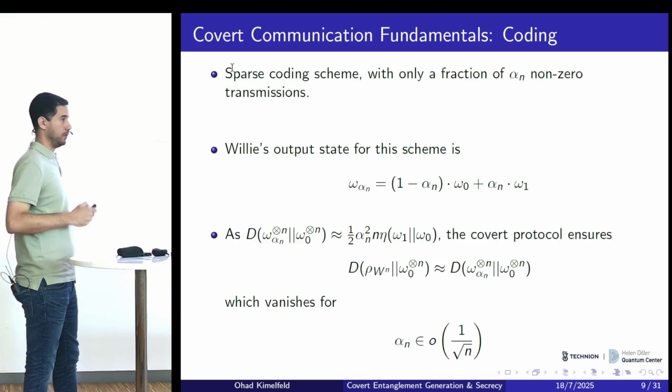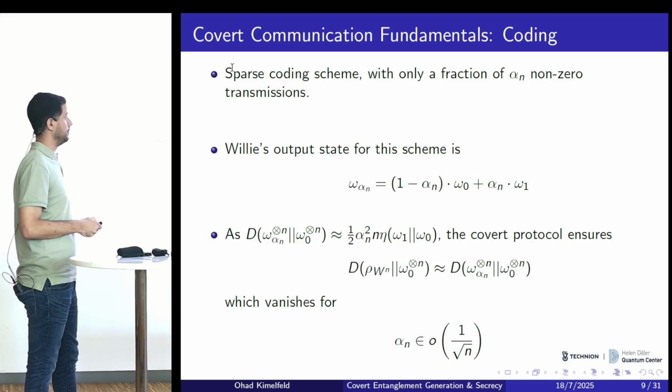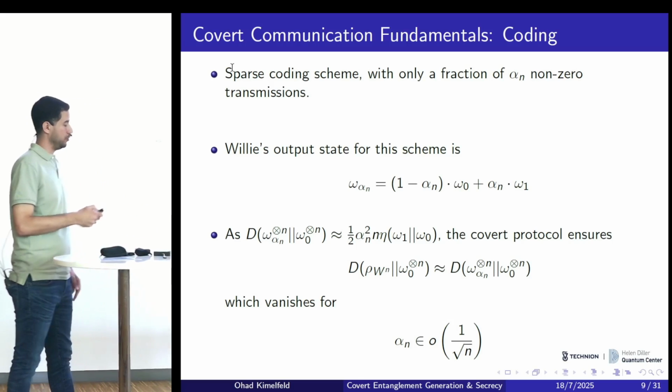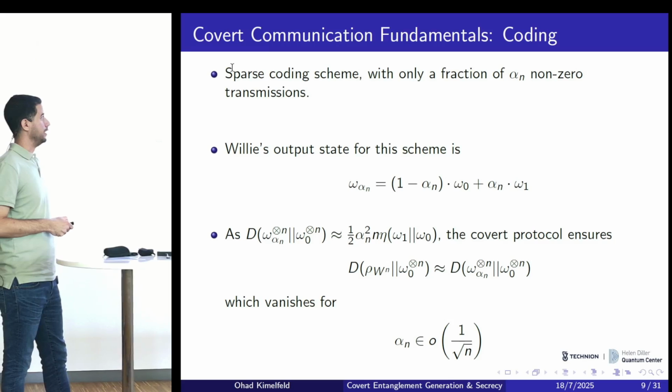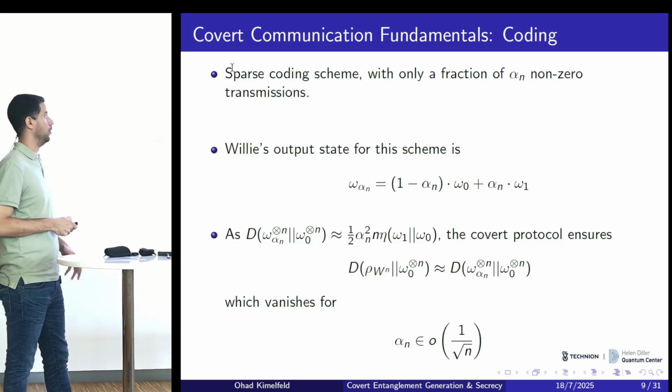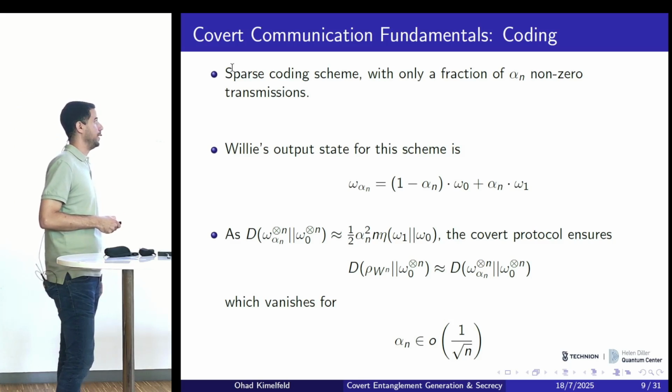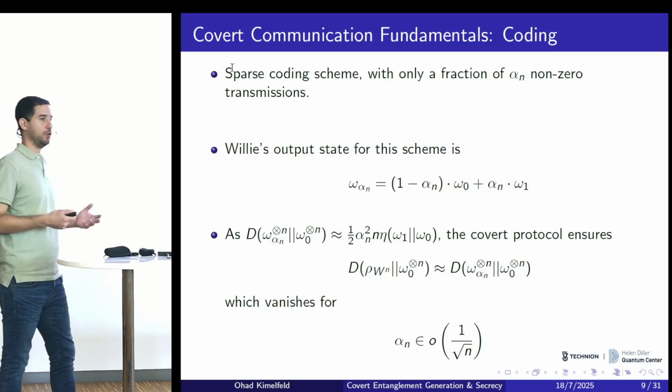And as we saw earlier, we have this nice property of the divergence and the eta measure, and this way the covert protocol ensures that the divergence for Willy's actual state is approximately equal to the divergence for Willy's desired, or encoded, state. And this vanishes for choosing alpha n to be of the order of 1 over the square root of n.